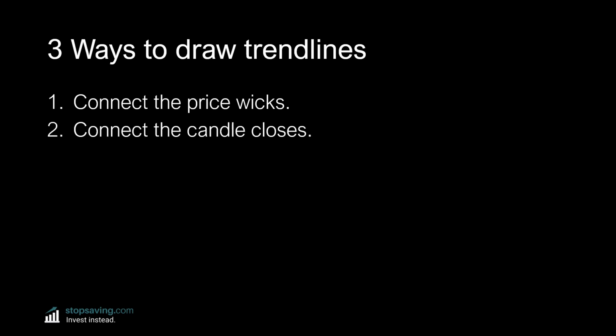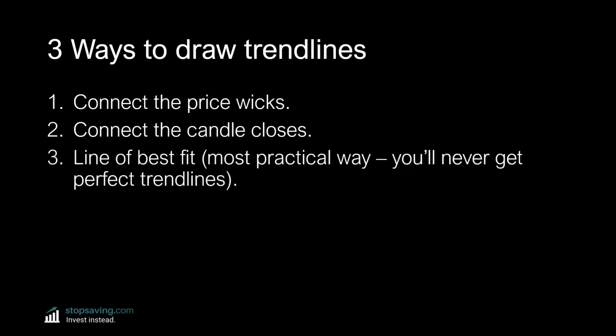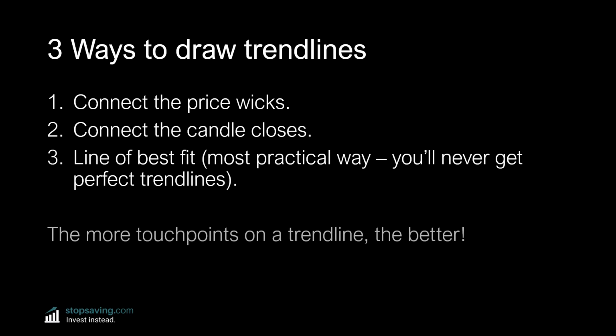And then there's the third way, which I think is the most practical way, which is to simply get a line of best fit. In other words, you might connect some combination of wicks and closes so you get a straight line. Now this way seems to make a lot of sense because you'll never get perfect trend lines on a chart. And another thing to note is that the more touch points you have on a trend line, the better.